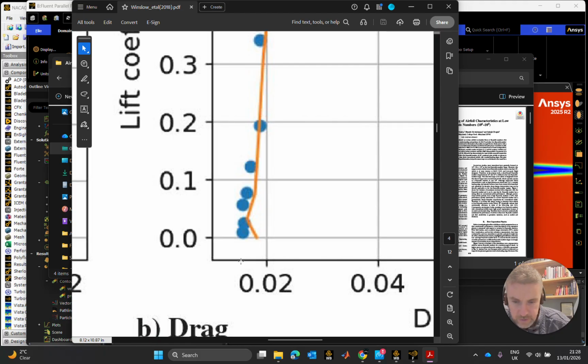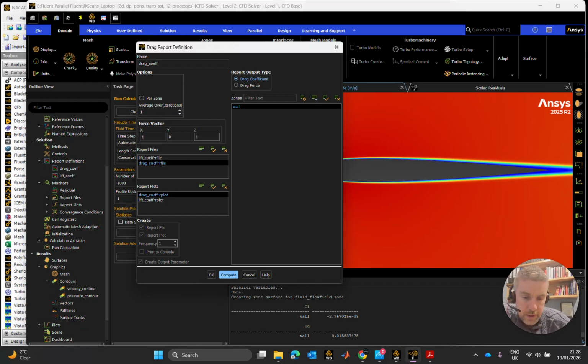I should be getting roughly 0.015 if I can match the experiment. And going back into Fluent, indeed, that's what I have, 0.0158. So I'm just slightly closer to the 0.02 than the 0.015.